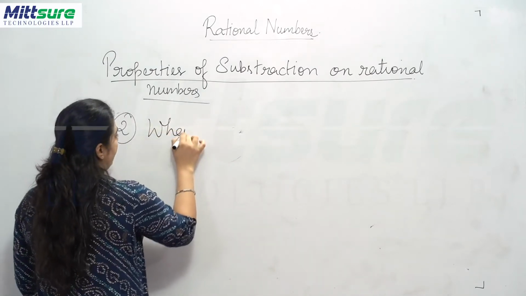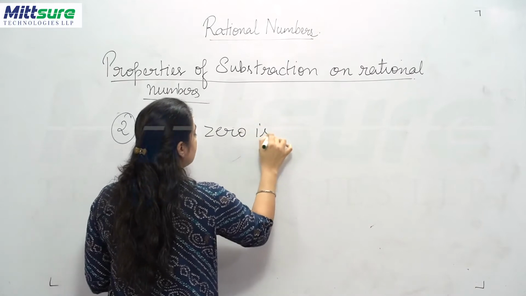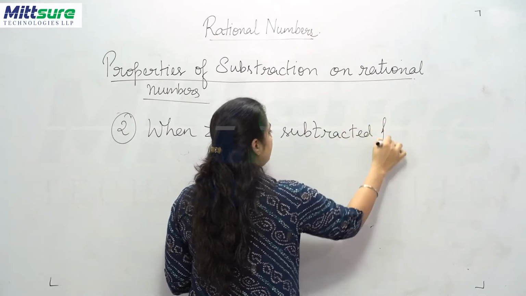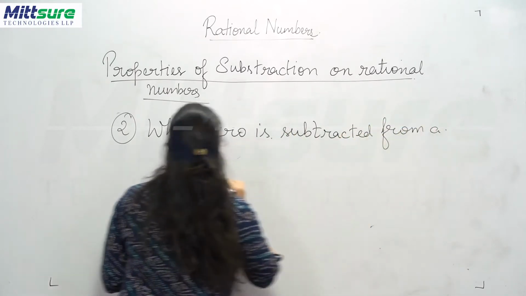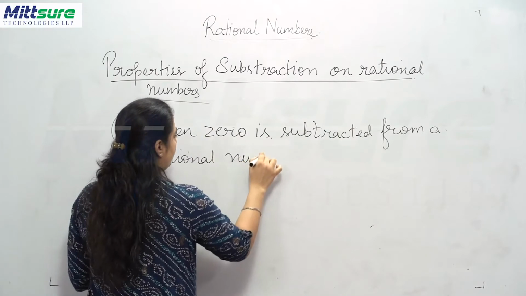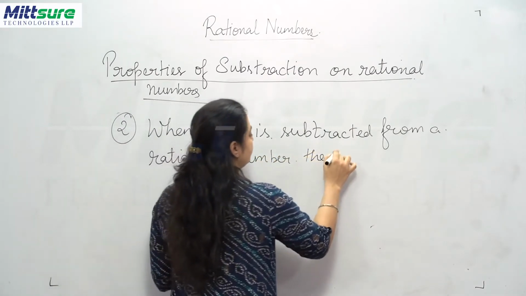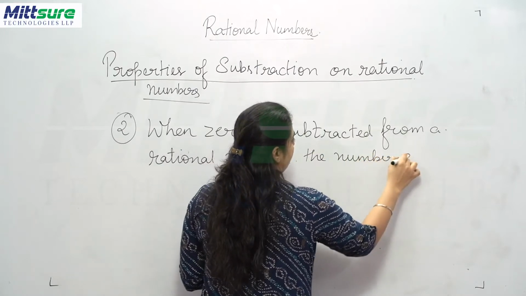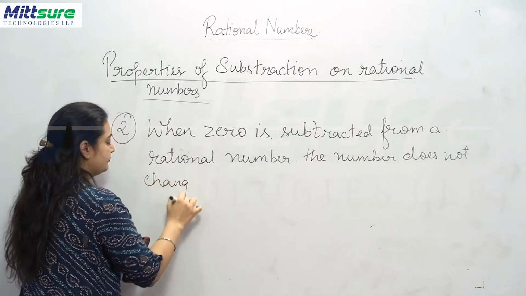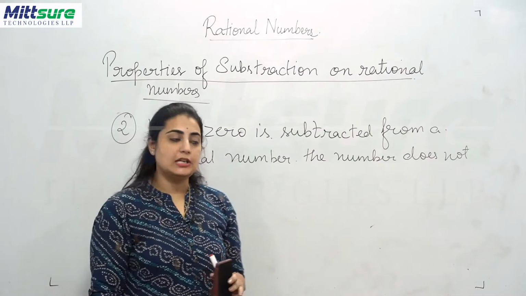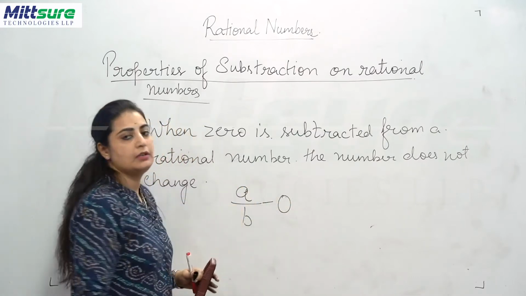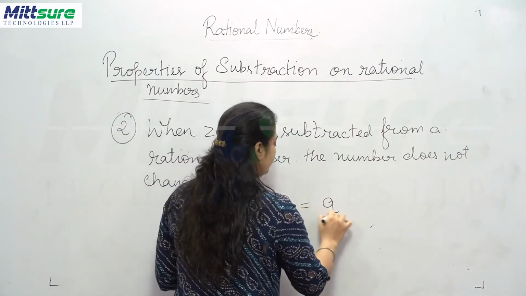When 0 is subtracted from a rational number, the number does not change. Okay, the number will not change. For example, a upon b minus 0 will give you a upon b.